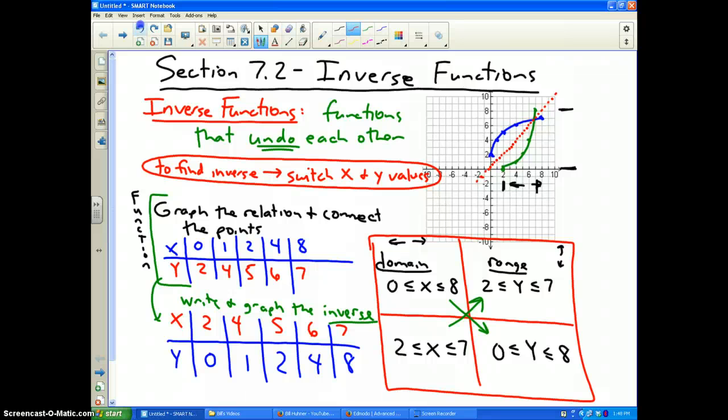Well, that red dotted line we learned in Unit 2 is the line y equals x. So therefore, to find an inverse graph, you flip it across that line, the line y equals x. And people, that is how you determine inverses.